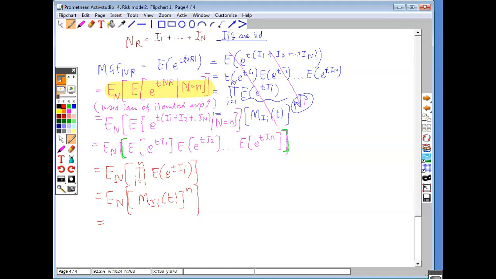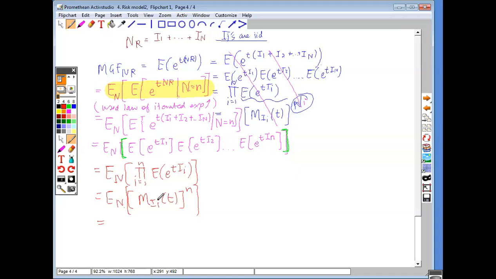Yes. Okay, so there's actually a bit of a trick that I'm going to use here, and we aren't quite done yet. So what we have here is expectation with respect to n of MIT raised to n, right?